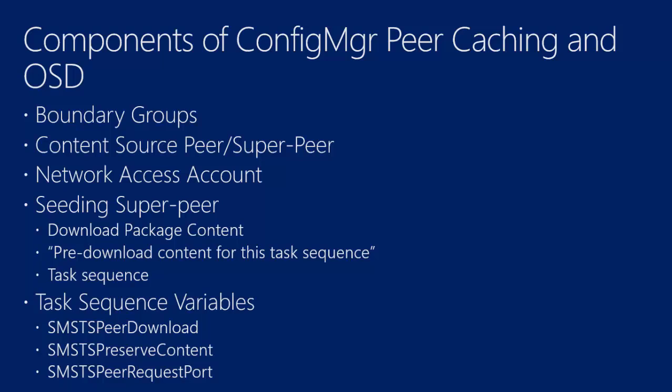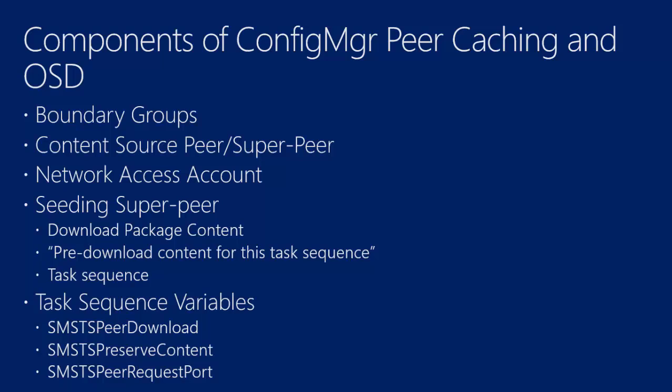Some of the partner products that we have for caching, 1E Nomad and Adaptiva, there's customers that have built into their task sequence basically a fail step at the beginning of the task sequence because they want to push these task sequences out to their caching-enabled systems with 1E Nomad and Adaptiva and have those systems cache the content, but not run the task sequence, right? And that's very doable.